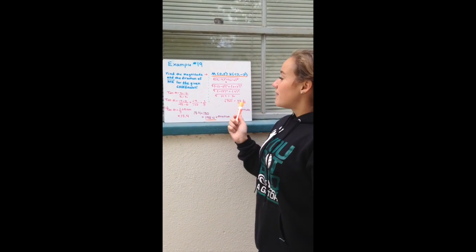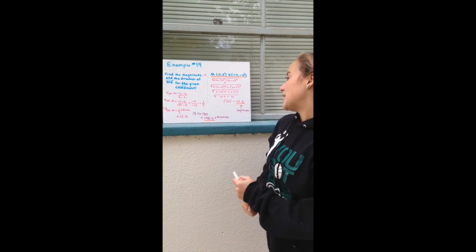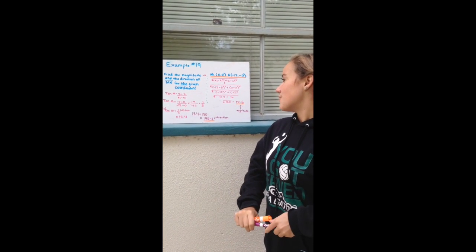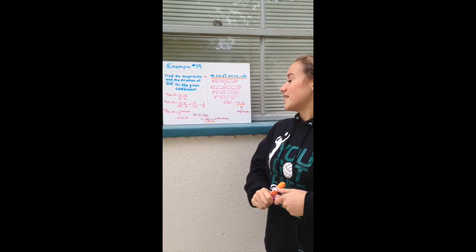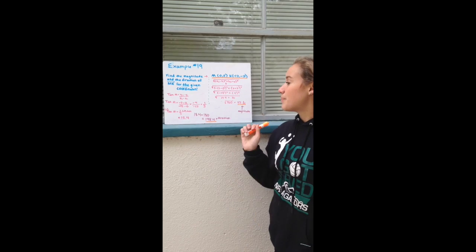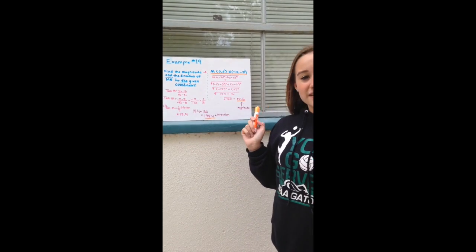And now we're going to find our direction, and we're going to use tan N equals y2 minus y1 over x2 minus x1, and then we're going to plug N into this equation.